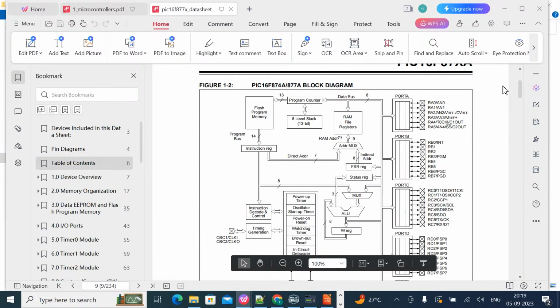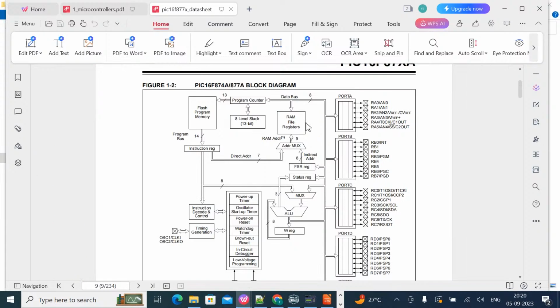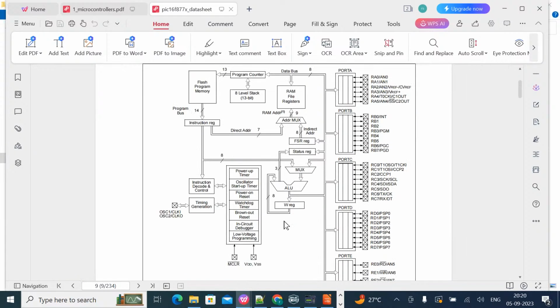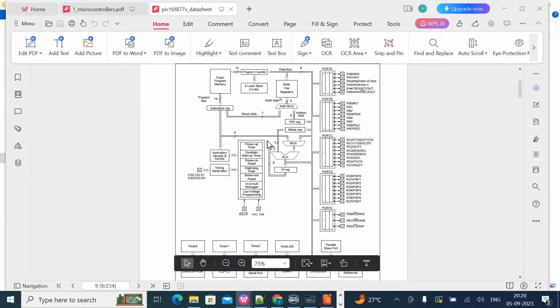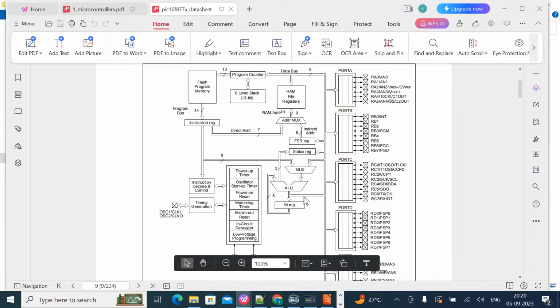Now take 5 minutes, everybody. If you have all the resources downloaded in your system, you would have opened this datasheet on your computer or laptop. Just go through this and let me know how many ports this microcontroller is having.